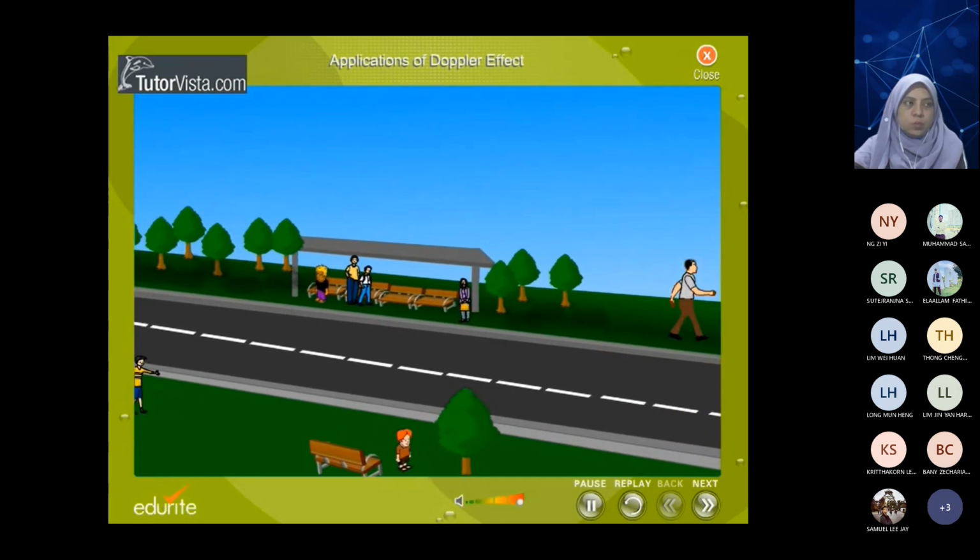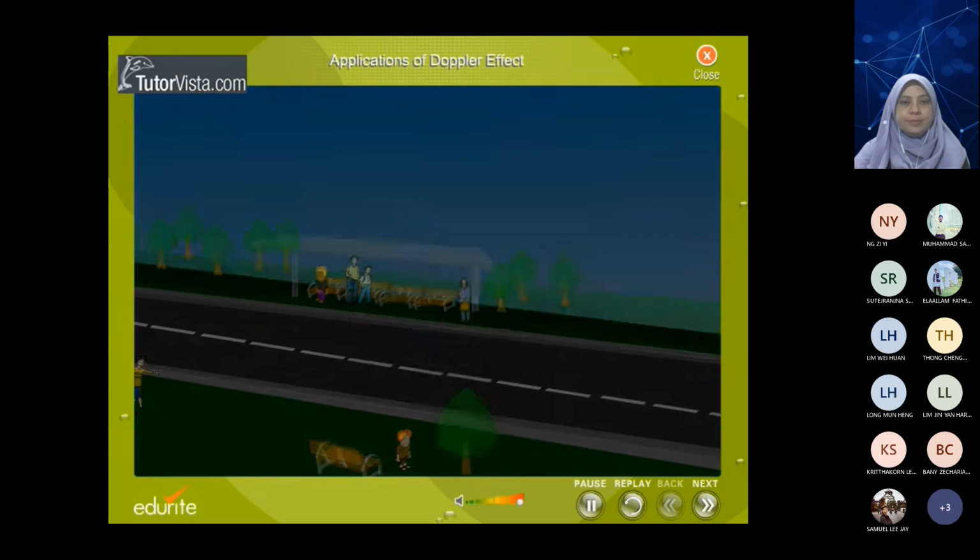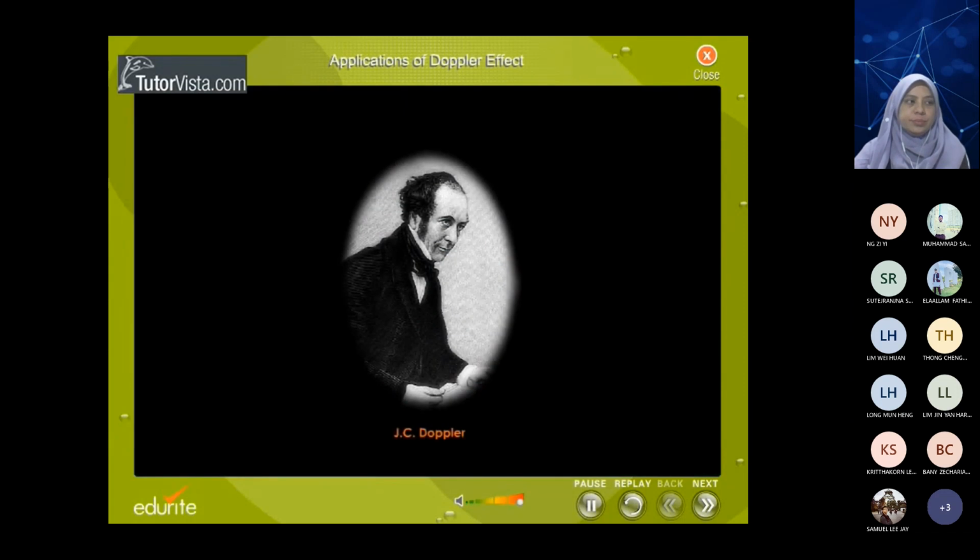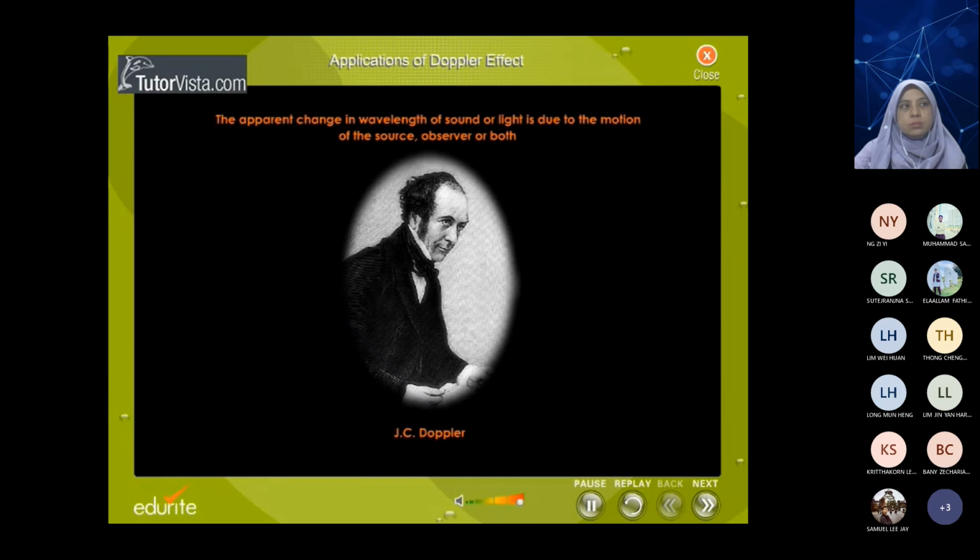The change in pitch is due to a shift in the frequency of the sound waves. Based on these observations, an Australian physicist and mathematician J.C. Doppler proposed the Doppler effect in 1842. According to the Doppler effect, the apparent change in wavelength of sound or light is due to the motion of the source, observer, or both.